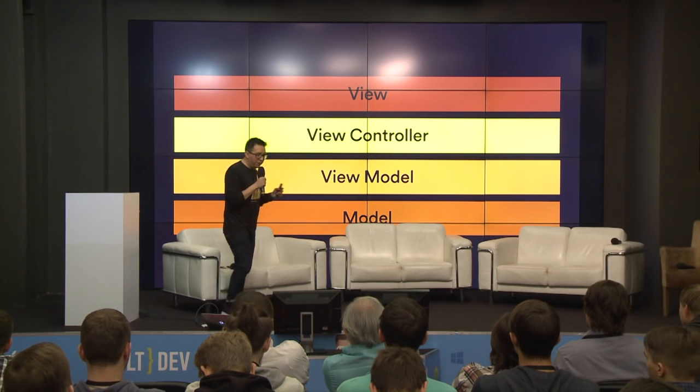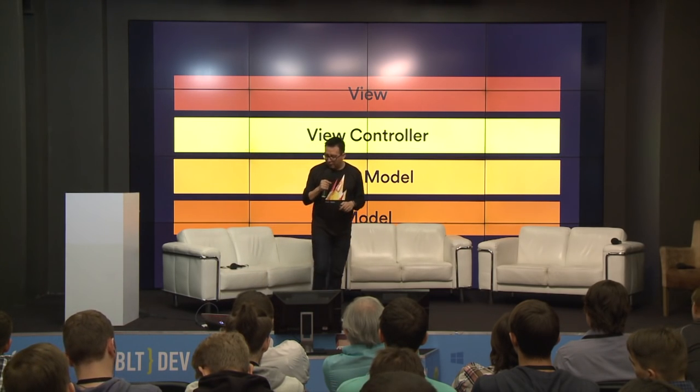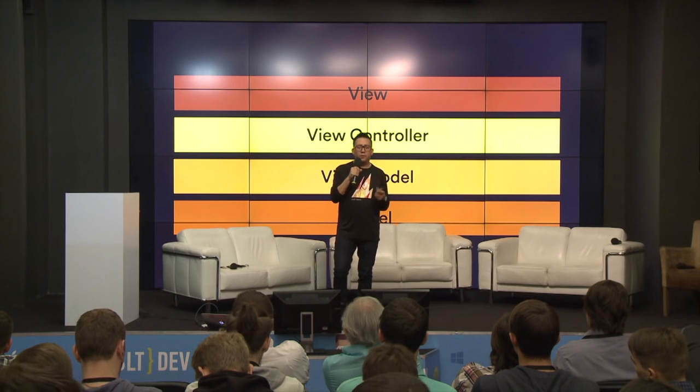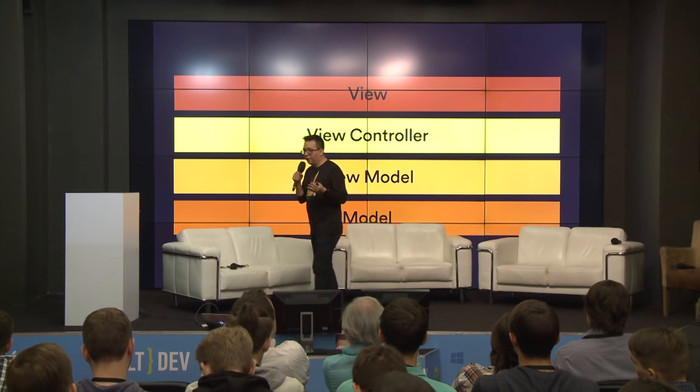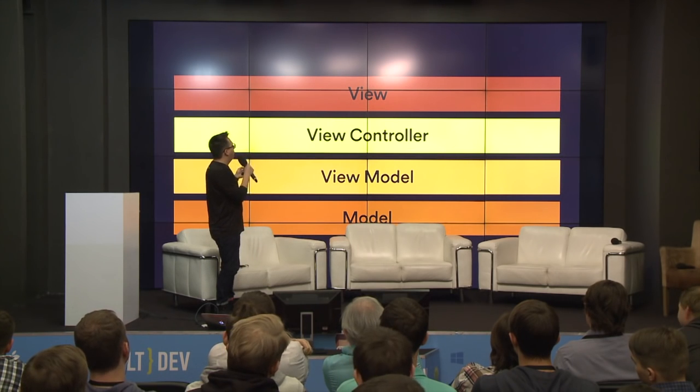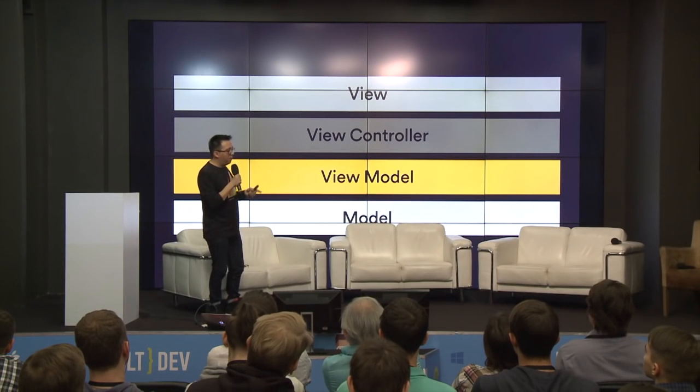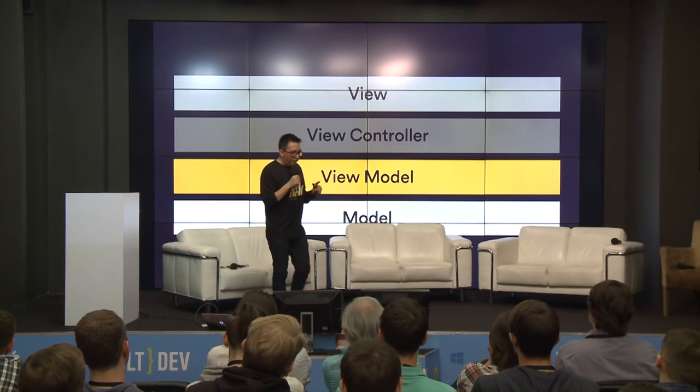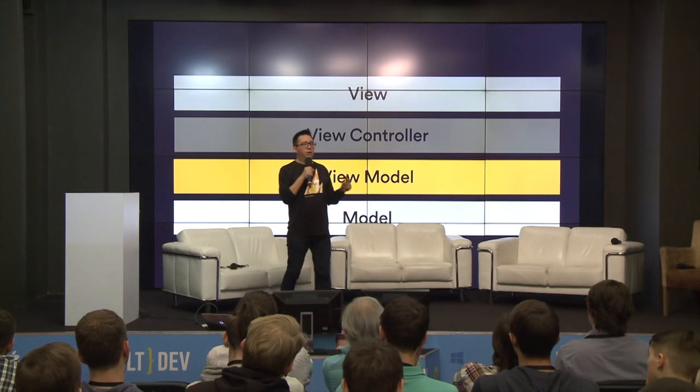But a team that was using Ceramic, the search team, a team that I think is very strong in the backend, were using it a lot, and they realized, well, we have these really good frameworks that simplify the view controller and the model. But the view model is still very different between each filter.